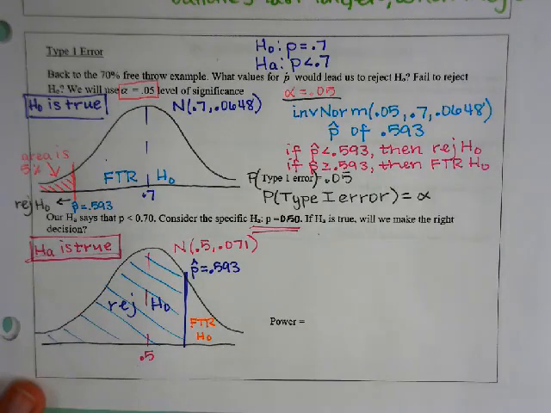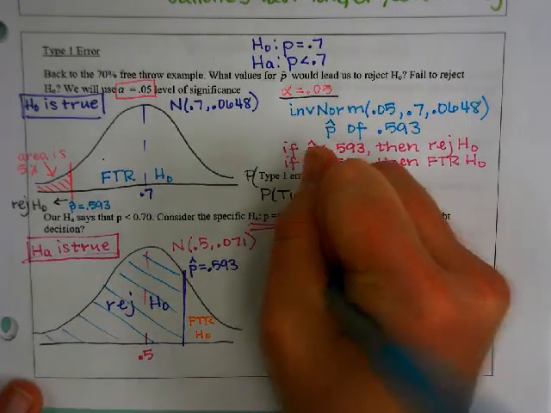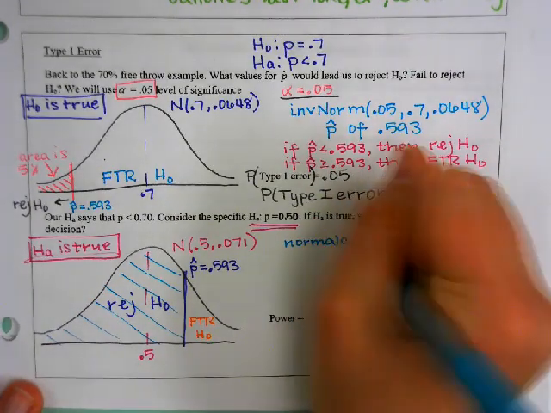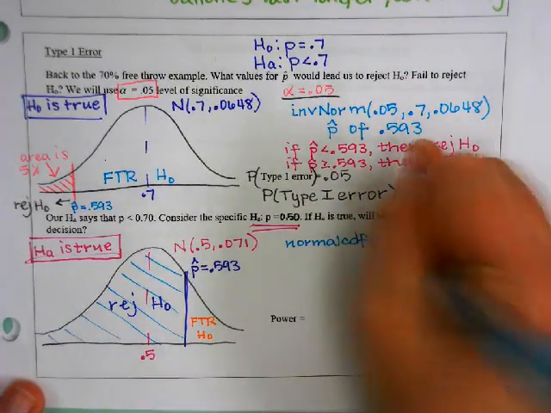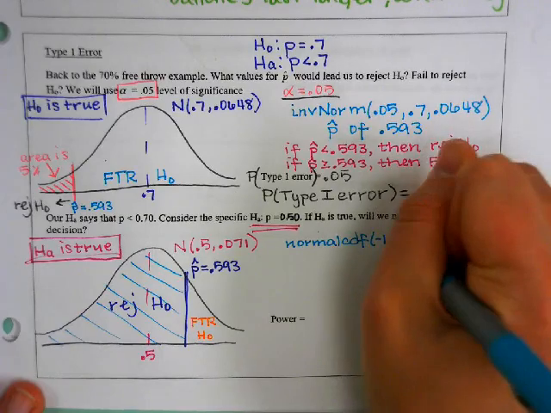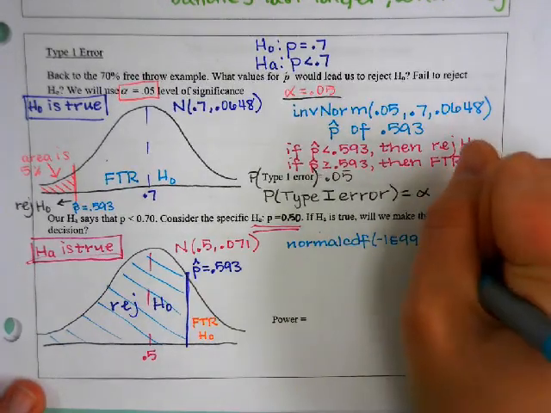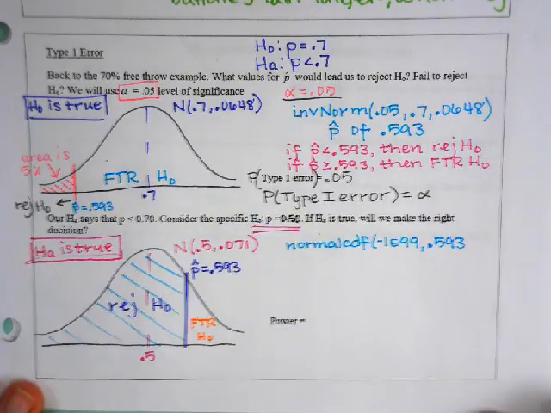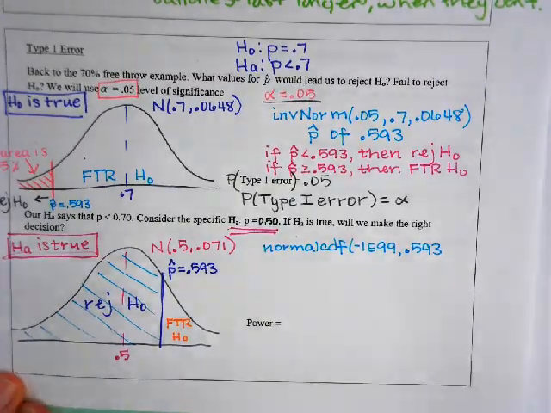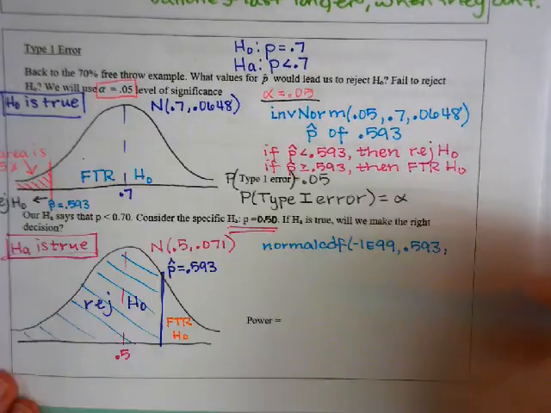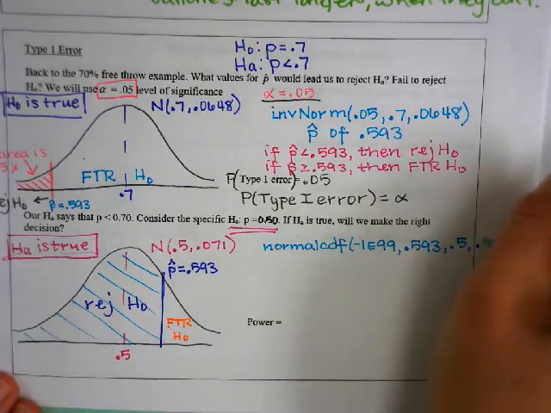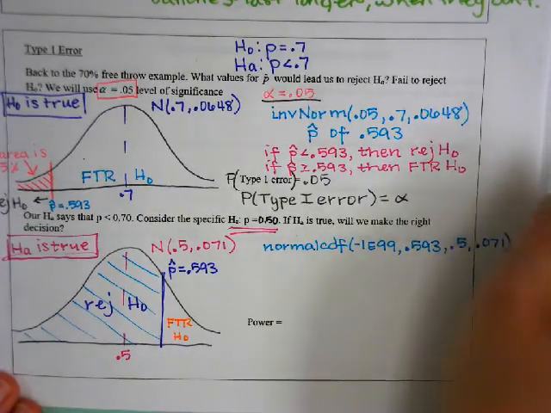And our lower bound is going to be a really small number, -1e99. The upper bound is that p hat of 0.593 that tells us when to reject or fail to reject. Our mean, because we assumed the alternative was true, is 0.5, and our standard deviation was 0.071. Second VARS is number 2. 0.593, 0.5, and 0.071.